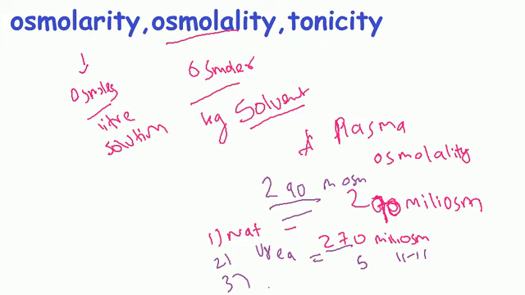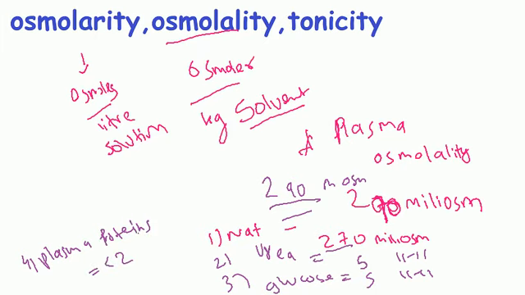Then we have glucose, which gives the same amount, 5 milliosmoles, and plasma proteins, which will give less than 2 milliosmoles. So I will repeat it: 290 plasma osmolality total, sodium 270, urea is 5, glucose is 5, and plasma proteins are less than 2.